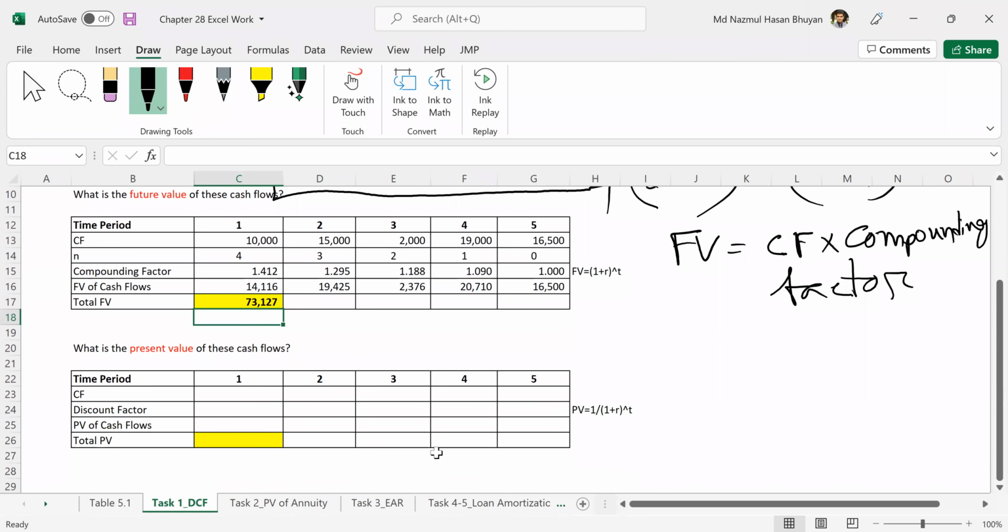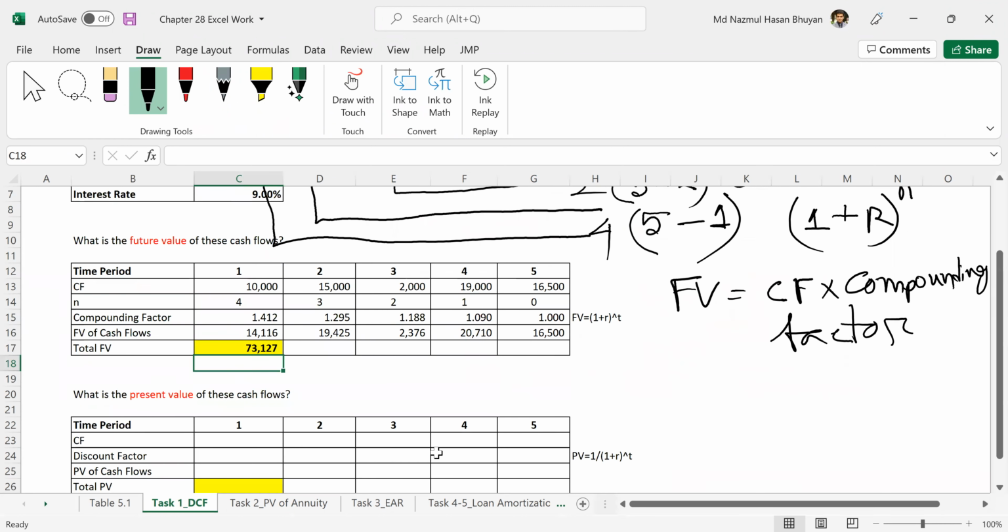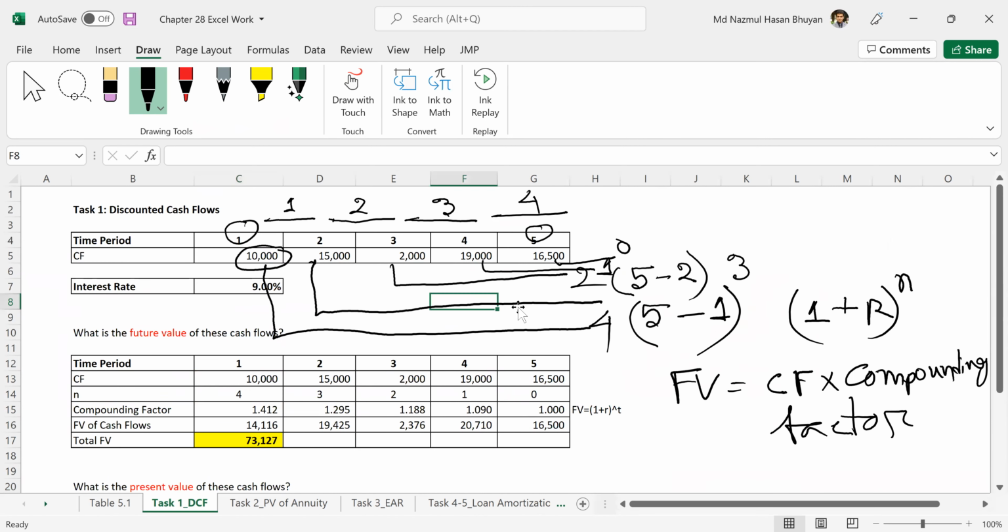All right. Now let us move to our next problem. In our next problem, we are going to calculate the present value of our cash flows.